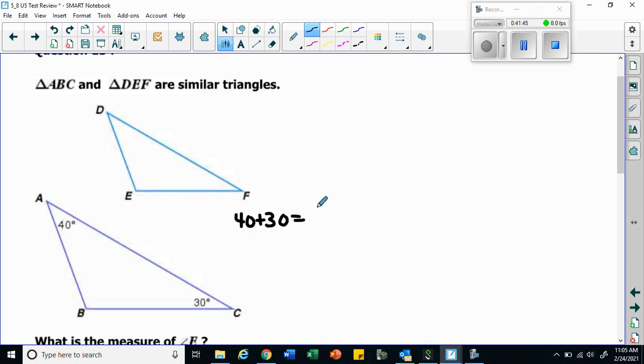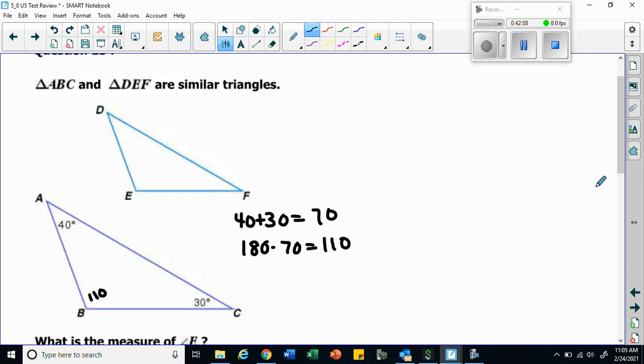So when I add 40 plus 30, and then I subtract that from 180 because I know that all my angles of a triangle add up to be 180. All right, so this is 110.